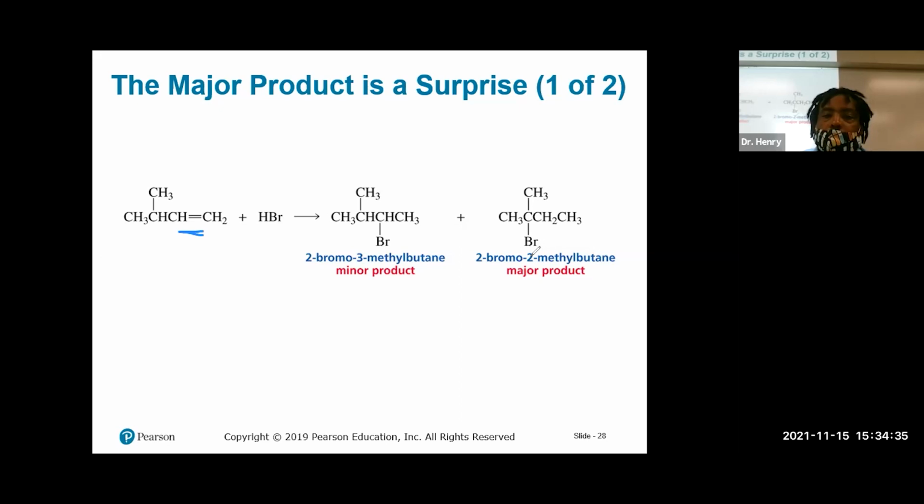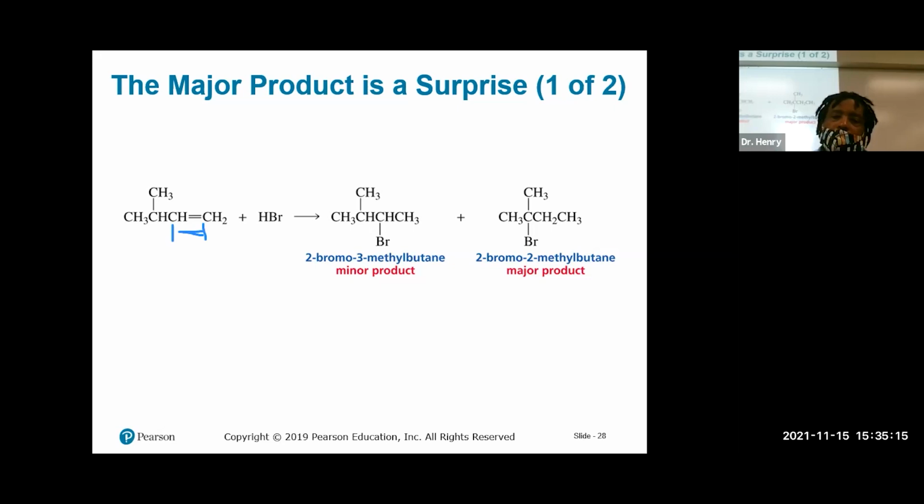Why is that? It's based upon the stability of the product. So in this case, this one here would be a minor. Normally we'd assume that it would go here and here, but instead we get here.